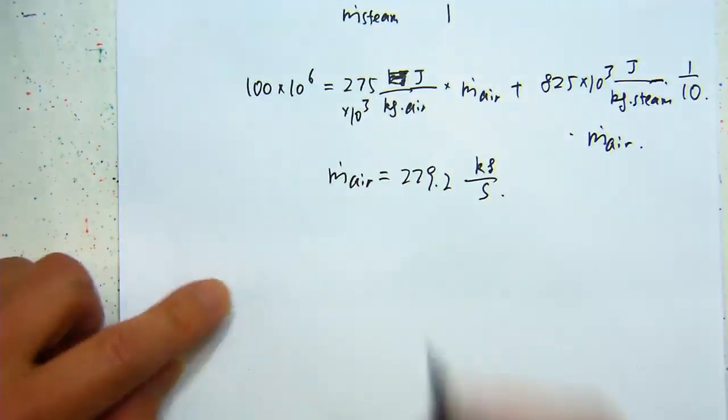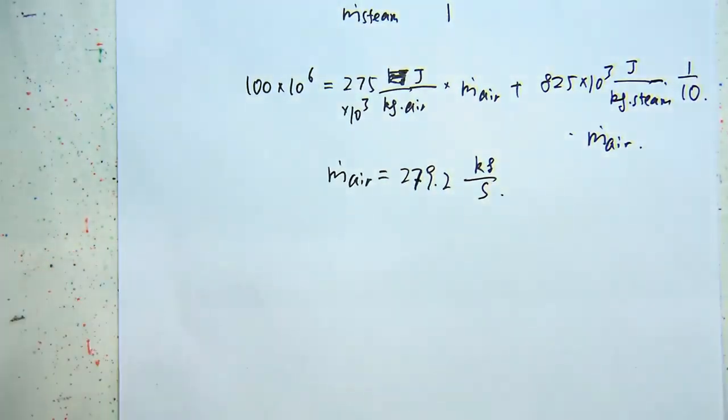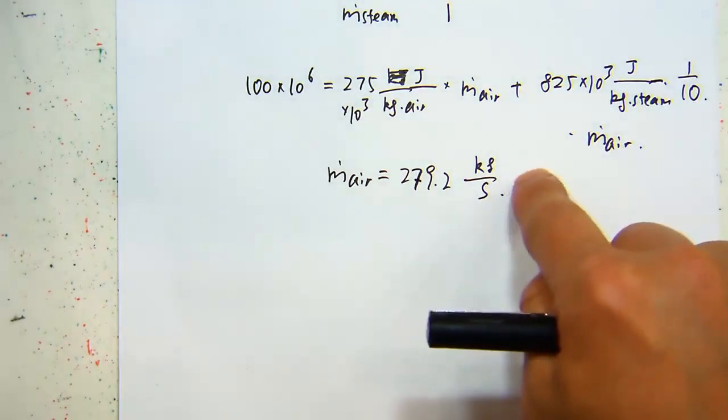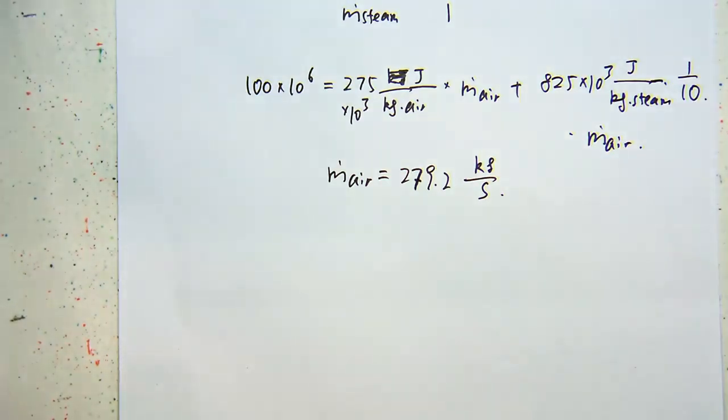So this is 279, all right. So this is a huge, huge amount. If you consider the density of air is about 1 kilogram per cubic meter, this is about 280 cubic meters of air coming in per second.